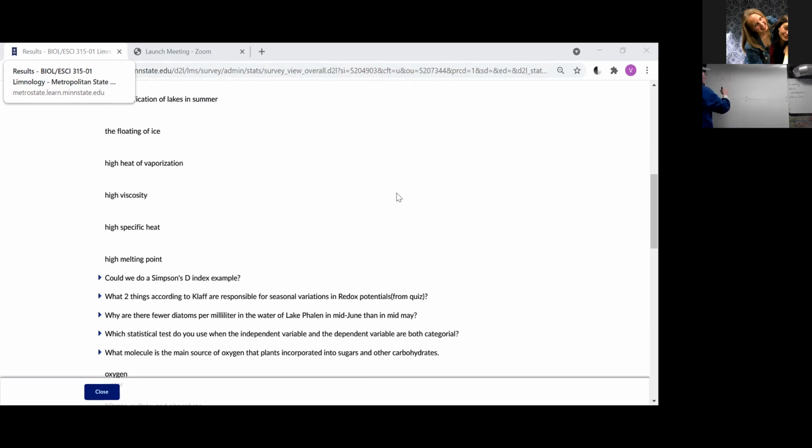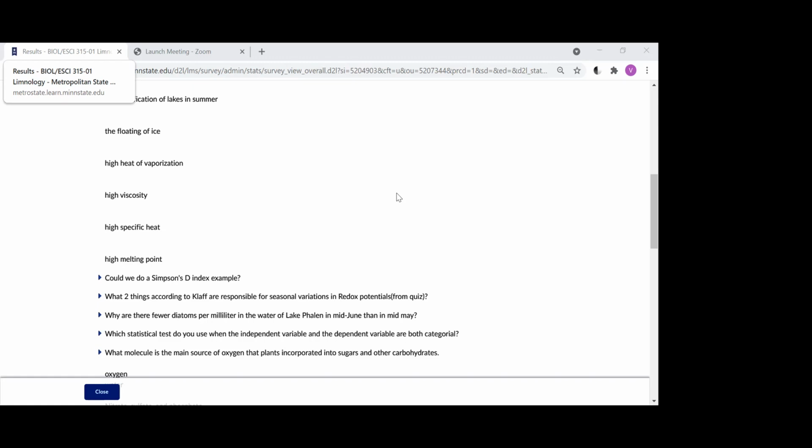We use 1 minus the sum of all p_i squared, from i equals 0 to n. So p_i is equal to the number of individuals of your species divided by the total number of individuals.